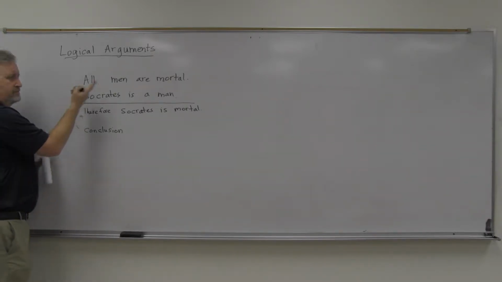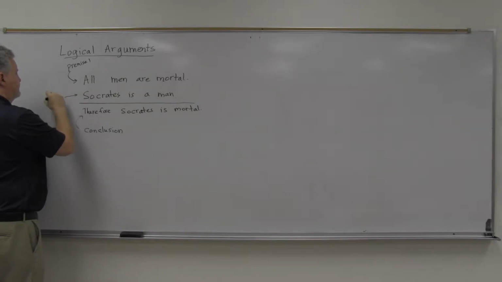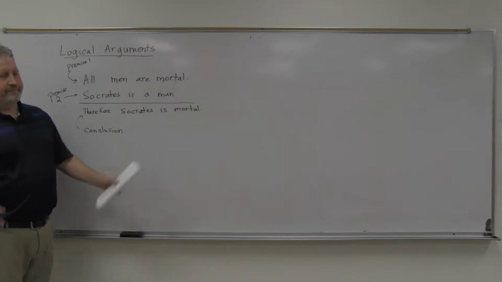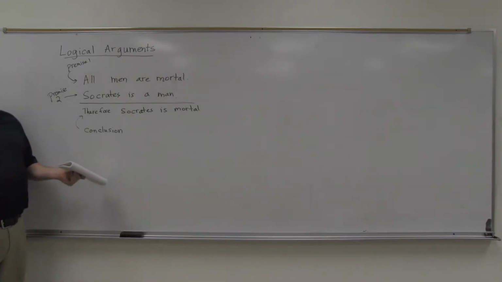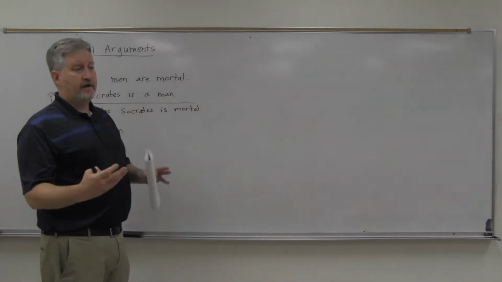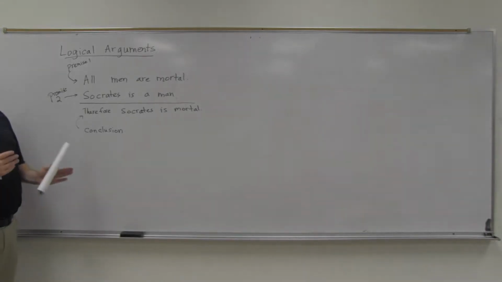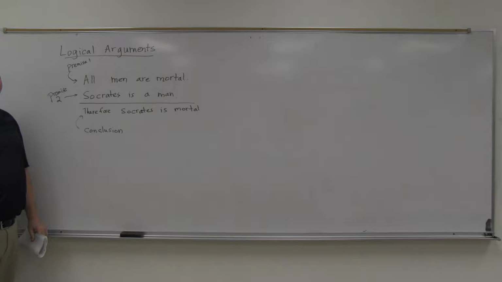So this we would maybe call premise one, and this would be premise two. I won't number them off like that, but just know I have two premises and then a conclusion. So that is how a logical argument is arranged. You have some premises, then you have hopefully a valid conclusion, and that's what we're going to talk about next.